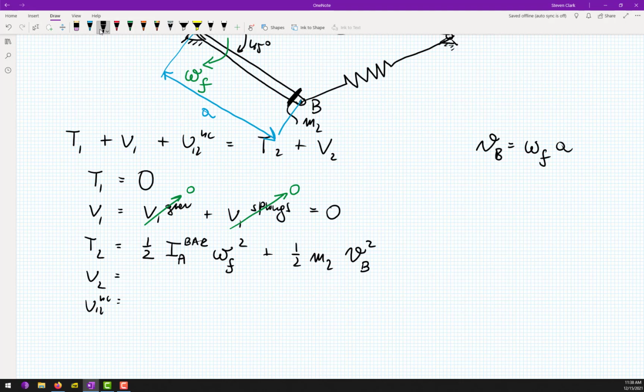I believe so. So okay, we end up with 1/2 I_A bar plus M2 A squared, times omega final squared.